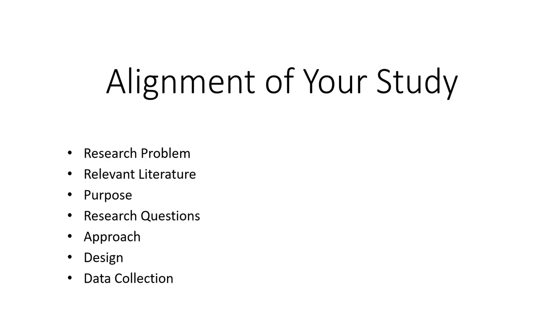So when we're thinking about components of your study that need to fit together, the research problem, relevant literature, your purpose of the study, the questions, the approach you're going to take, your specific design, and your data collection all need to work together and connect together and fit, or align.